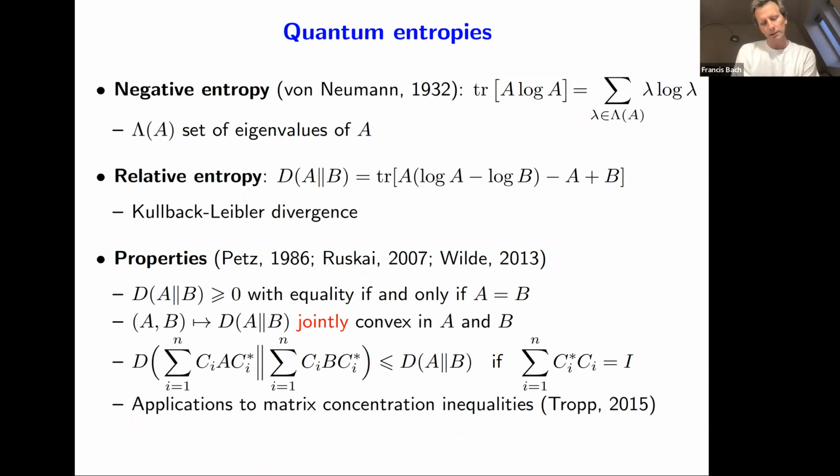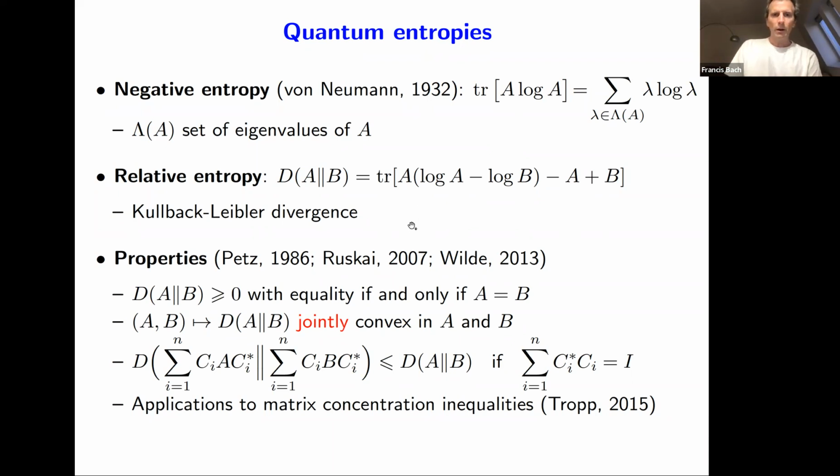It's often called the monotonicity of quantum measurement. I'm going to briefly use it later in the talk. I don't know if Joel is here or not, but tools like this quantum relative entropy and von Neumann entropy are used a lot to prove matrix concentration inequalities, and Joel is the expert here. I'm not going to use it, but I just want to mention that the tool is being used in other places.